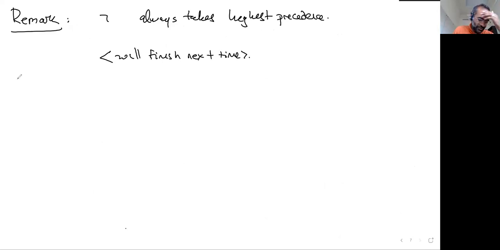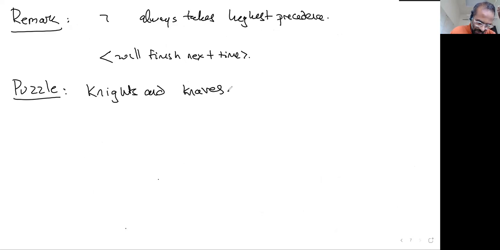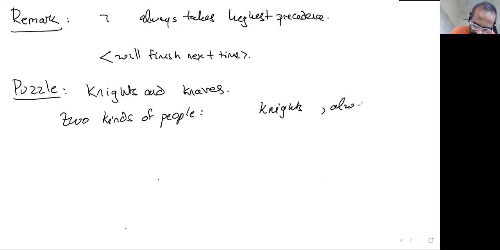Instead, I'll do a little puzzle, which is sometimes called knights and knaves. There are two kinds of people in the world: knights, who always tell the truth, and knaves, who always lie.